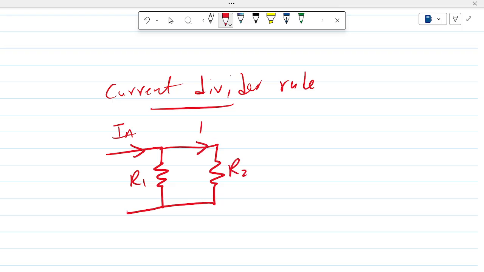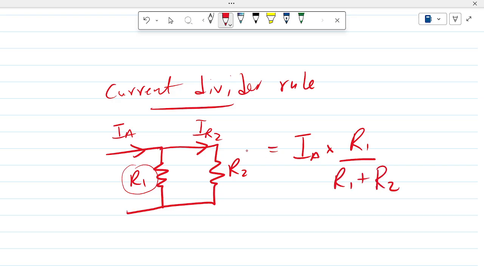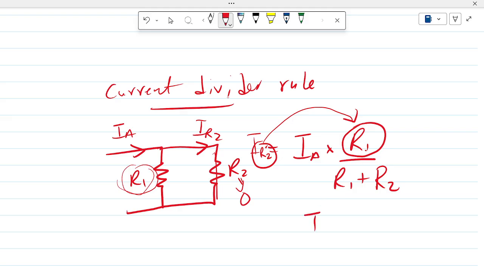If you wanted the current IR2, that's going to be the total current times the other one, which is R1, over the sum, R1 plus R2. Take note that you take the other one here, unlike voltage divider where R2 would have been here. In this case, since R2 is 0, a short circuit, the current through it is going to be all of R1 over the sum, which is everything.